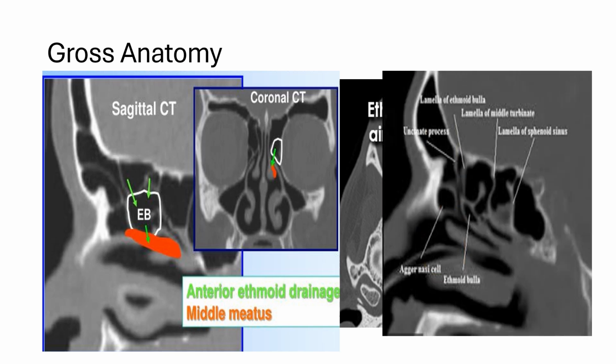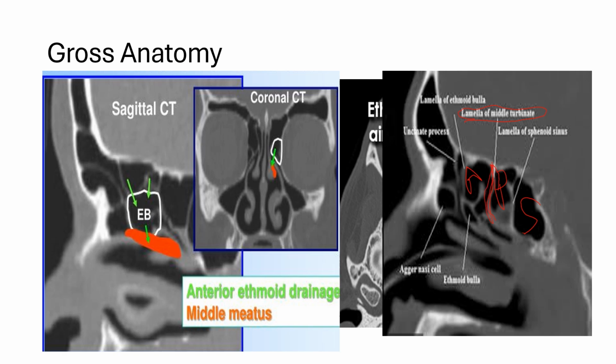Here is the lamella of the middle turbinate; this is the basal lamella separating the anterior and the posterior ethmoid air cells, and this is the sphenoid sinus. We can see in this sagittal image that the basal lamella is the lateral attachment of the middle turbinate to the lamina papyracea.